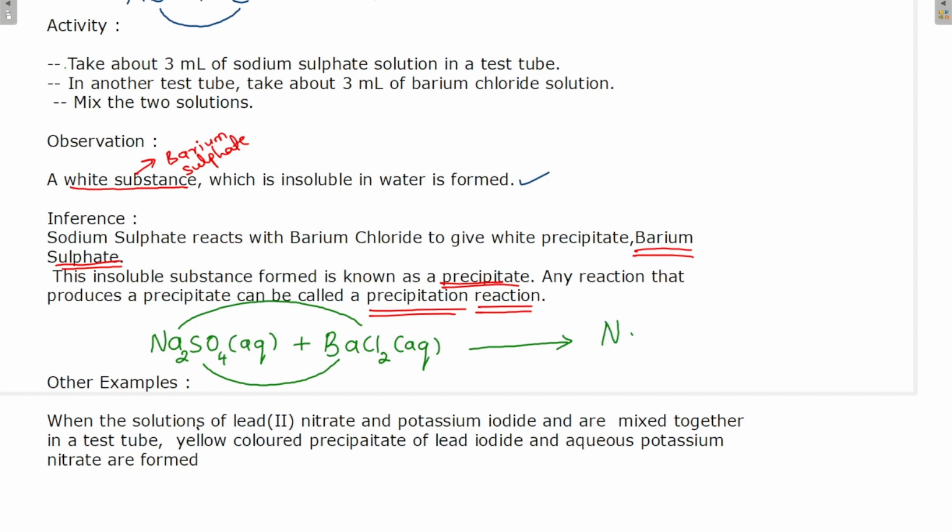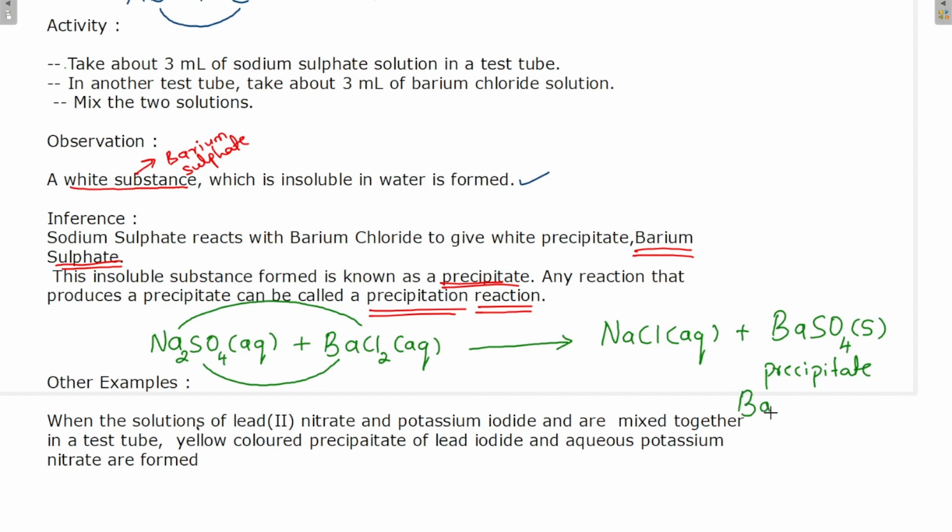So there is a formation of sodium chloride which is soluble in water, so we represent it with aq. And also there is formation of BaSO4, that is barium sulfate, which is insoluble, so we represent it as s. And we call this insoluble substance a precipitate.